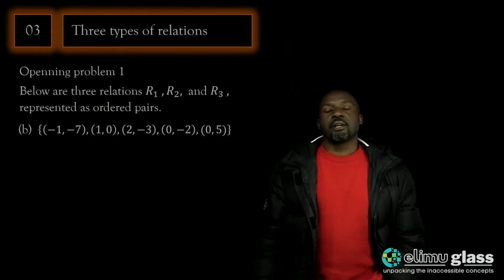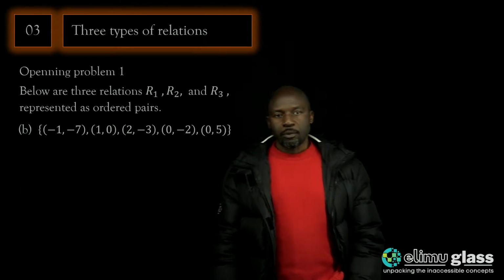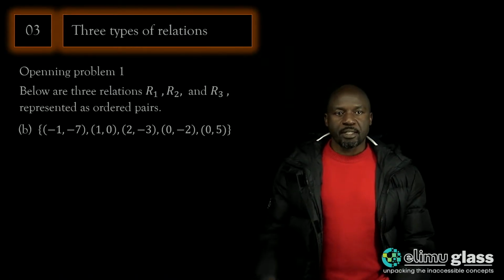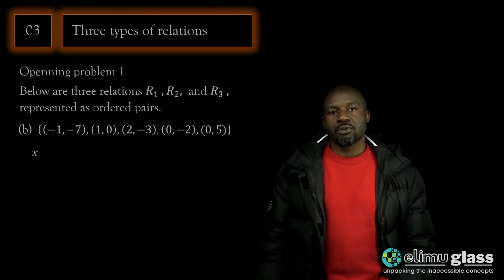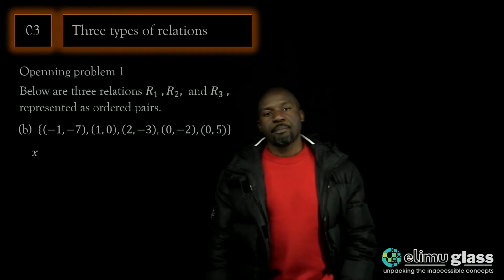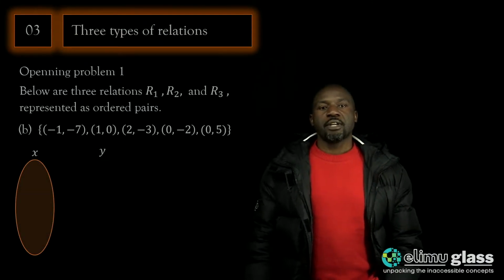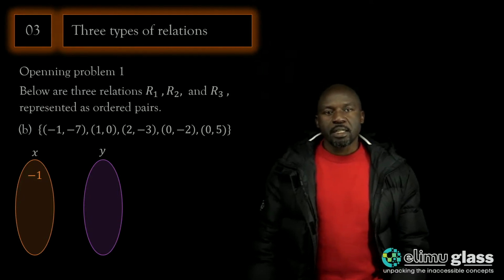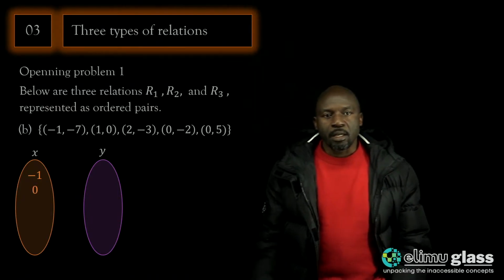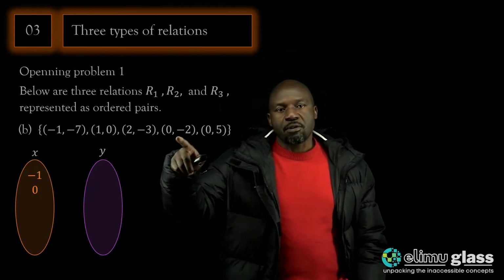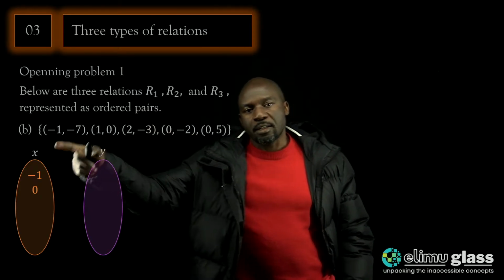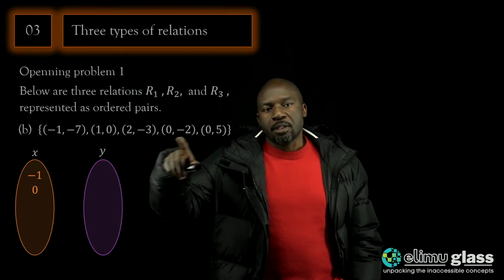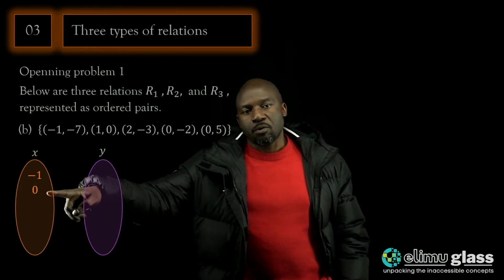All right, let's look at the second one: -1, -7, and so on. So again, we draw the mapping diagram, starting with the x values and the y values. The x values are -1, 0, 1, 2. I've gone to 0 first because in ascending order 0 appears twice there, so I'm only going to put it once.